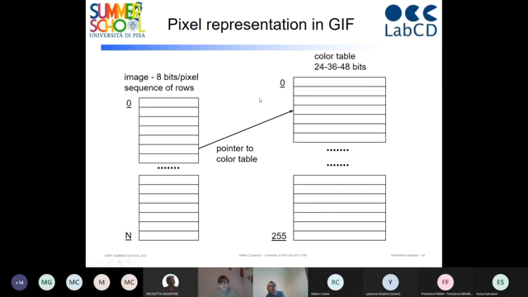And then in the compressed image, instead of putting the real color of the pixel, which can be up to 48 bits, you put the index of the color in this table. So instead of having a pixel that takes 48 bits, you have the same pixel represented by 8 bits, because this is what you need in order to address a 256-entry table. You just need 8 bits.